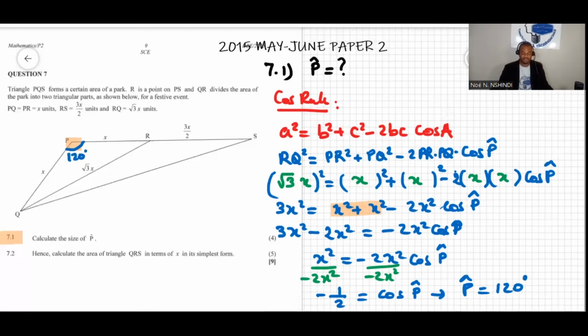Now, the following question is 7.2. The question says, hence calculate the area of triangle QRS in terms of x in its simplest form. I'm going to move my board over here.